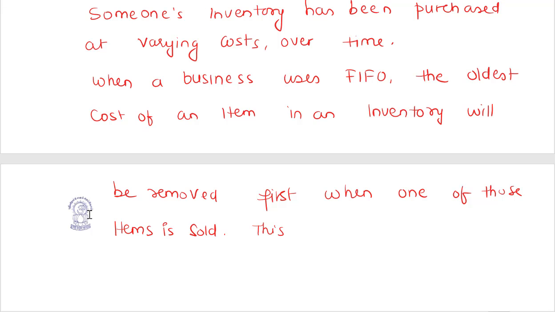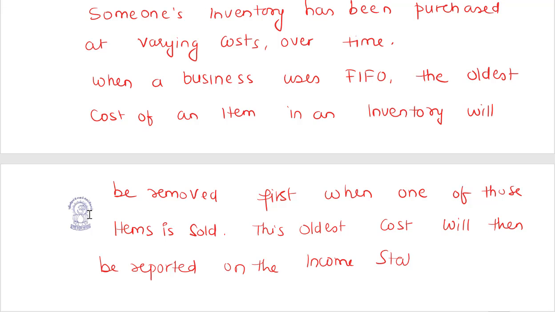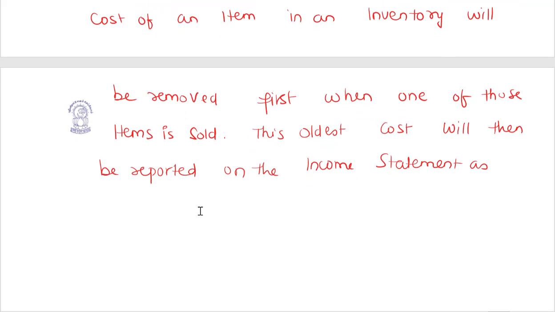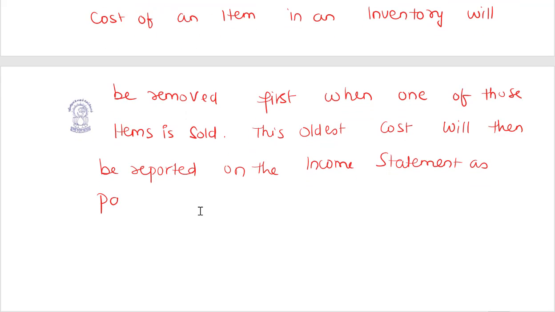This oldest cost will then be reported on the income statement as part of the cost of goods sold.